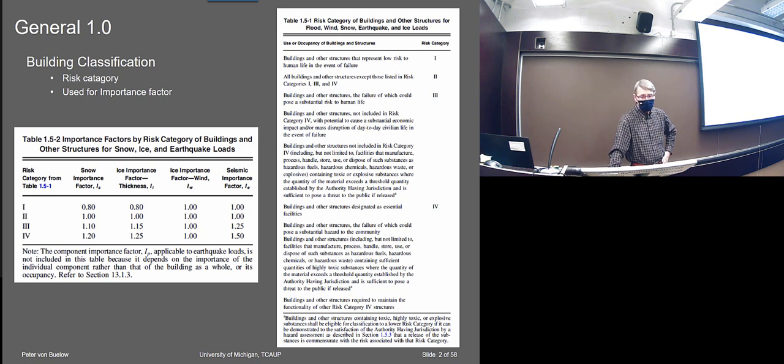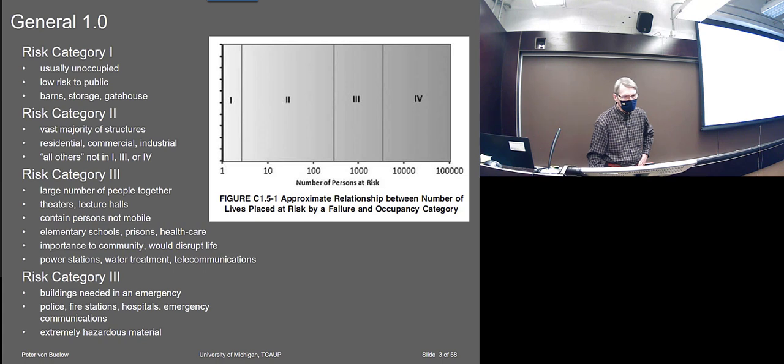So we determine certain buildings that are more critical, and they're ranked from 1 to 4. The commentary actually lists them out and gives a much better description of what the building classes represent, and it's mainly based on usage.